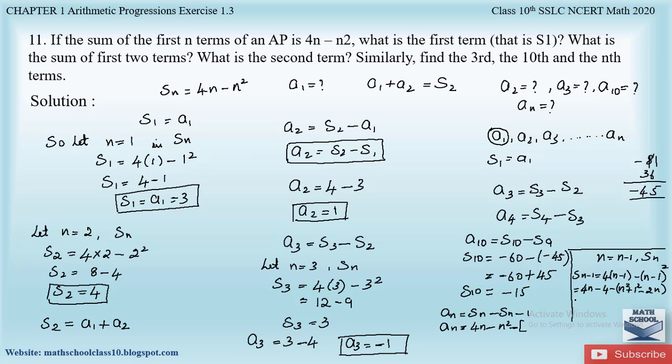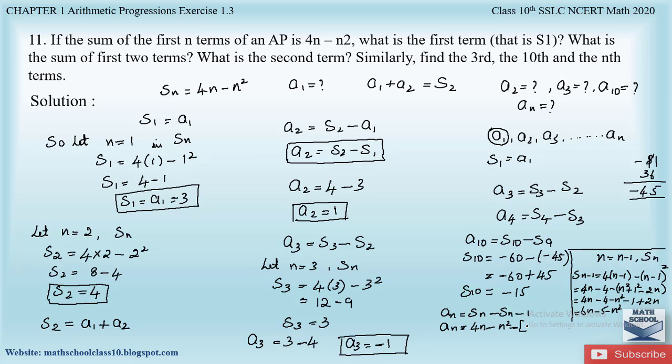If you again open this bracket, you will get 4n minus 4 minus n square, then minus 1 plus 2n. 4n plus 2n is 6n, and minus 4 minus 1 is minus 5, and minus n square. This is nothing but Sn minus 1.